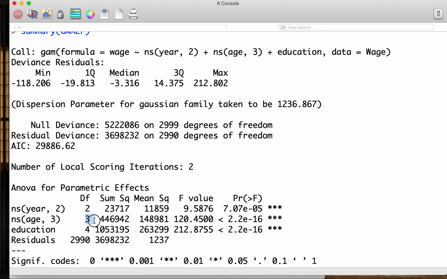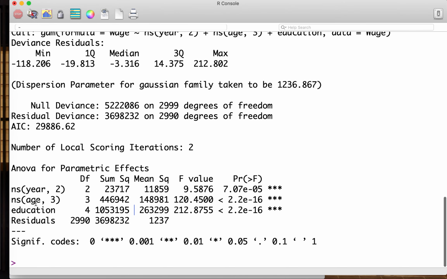This has 3 parameters, so the degrees of freedom is 3. And if we add education, it has additional information to explain wage. It has degrees of freedom 4, because we have 5 levels in education, that means the baseline plus 4 factor variables. And this is also significant. So you can see the usual ANOVA table here.